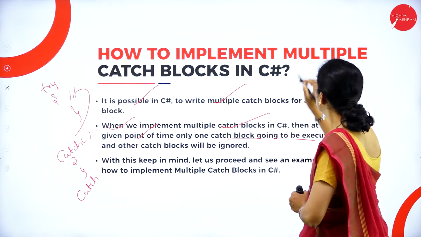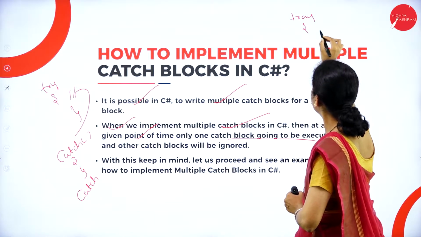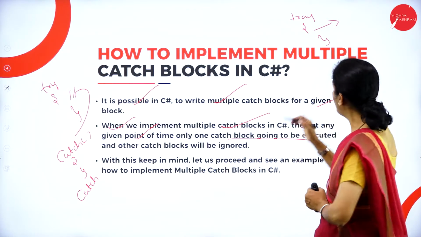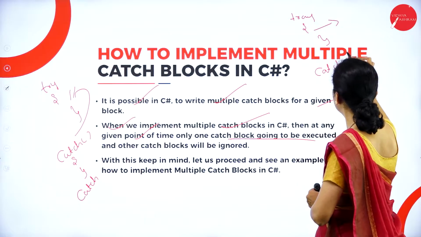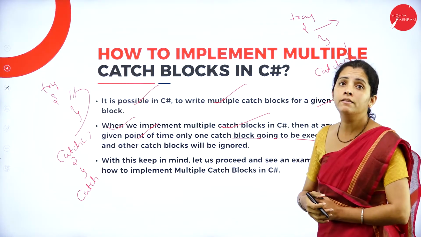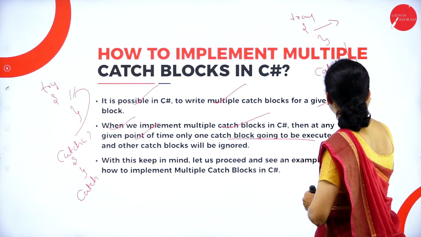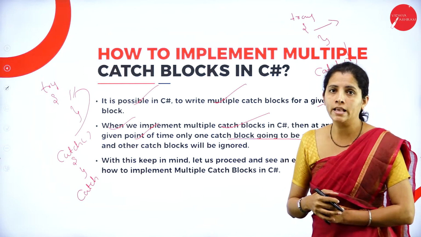In the sense, see here, I have the try block, and I'm trying to divide some number by 0. For that, I will write two catch blocks. One is going to handle divide by zero exception, and another one I'm going to have array index out of bound exception.